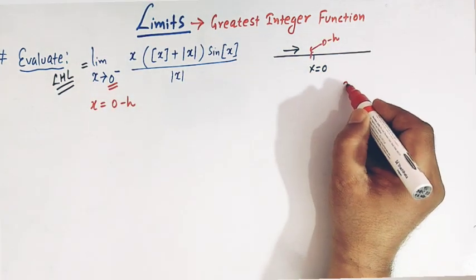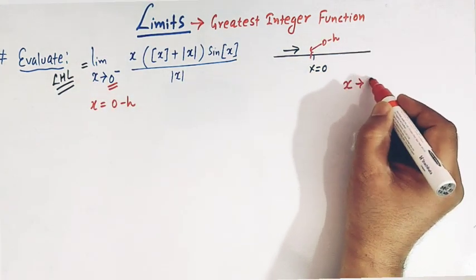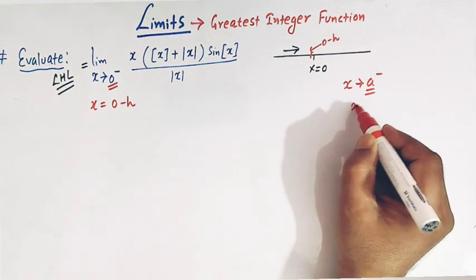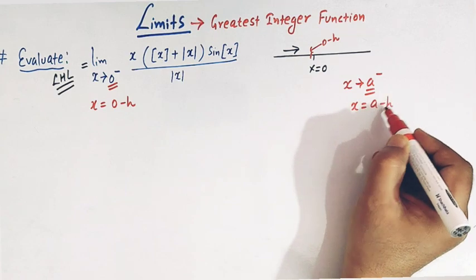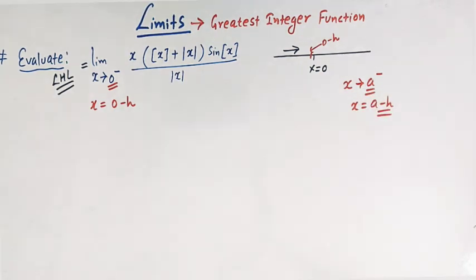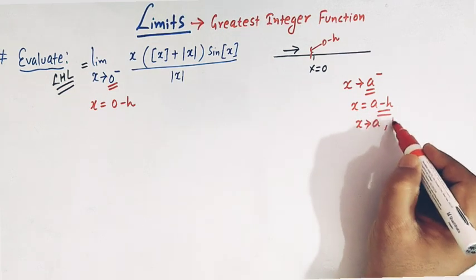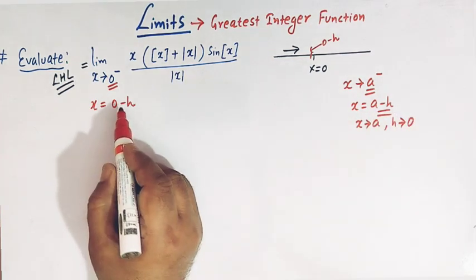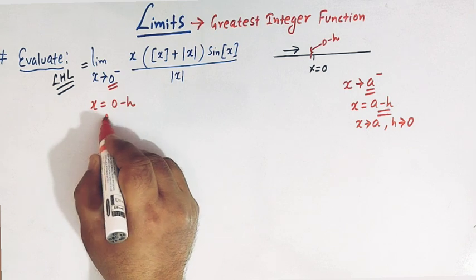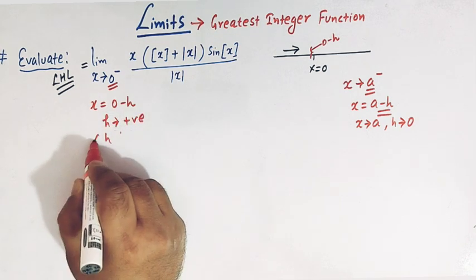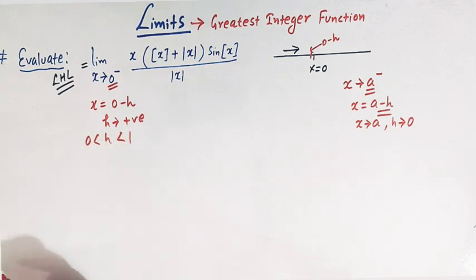So whenever we have x tends to a minus in general, then we take x equal to a minus h, right? Okay, and when x tends to a, then obviously h tends to 0, and here h is a positive quantity, and h lies between 0 and 1, right?